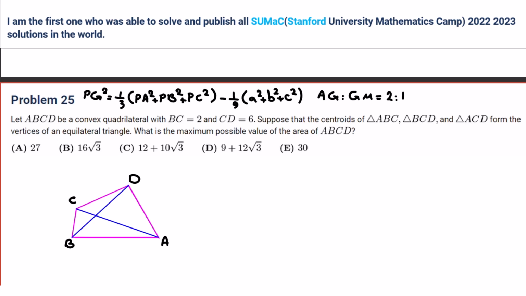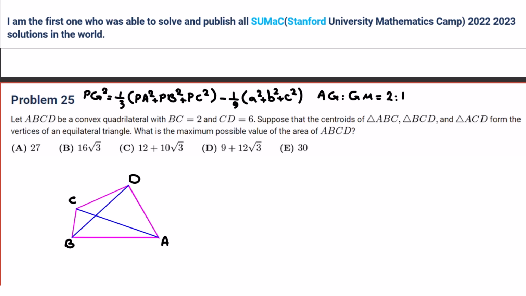Look, which medians have a common point? I mean, ABC, BCD. No. I mean, maybe from B, both medians. But look, ACD doesn't have B. Or C. Exactly.